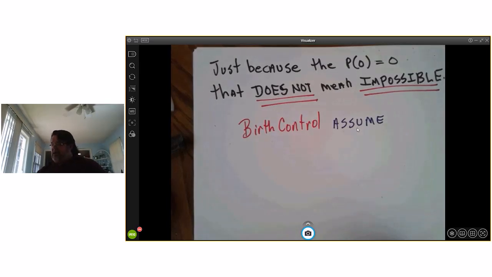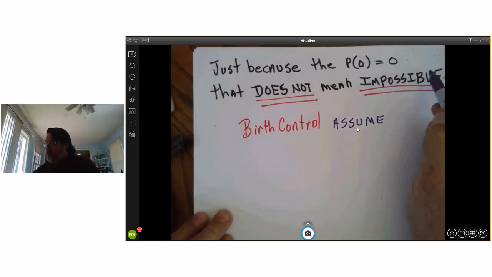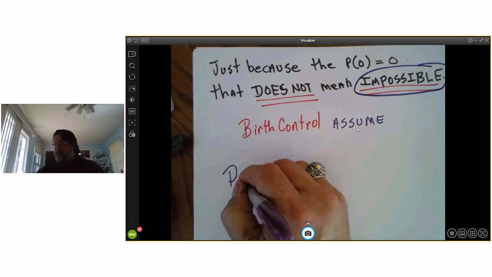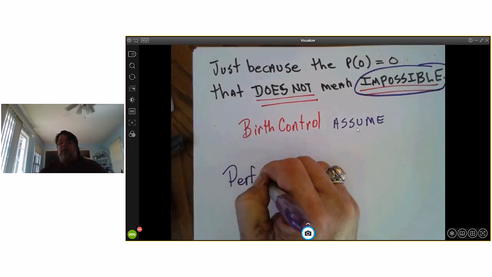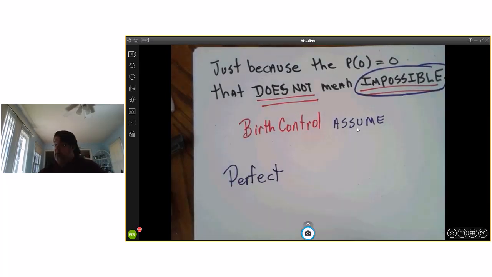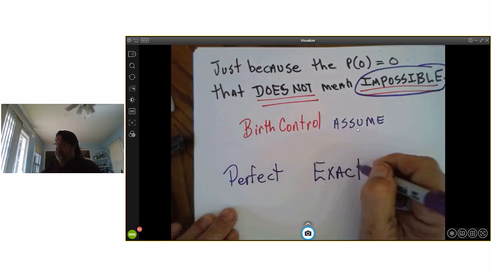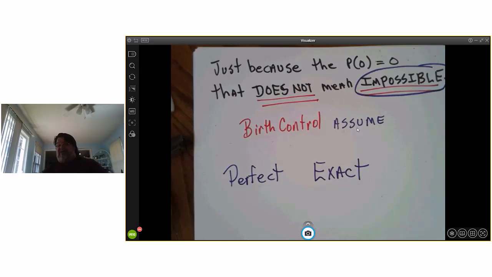All right? This word is a definitive word. Okay? Let me give you another definitive word. Another one. What do all those words have in common?